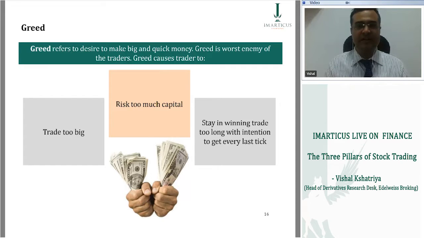Now, the target you have is 10%, that is 10 rupees on 100. And right now you are making 8 to 9%. You just don't want to leave that 1 rupee also. And what do traders normally do? No, my target is 110 and I am going to wait until my price comes. Well, this is greed.